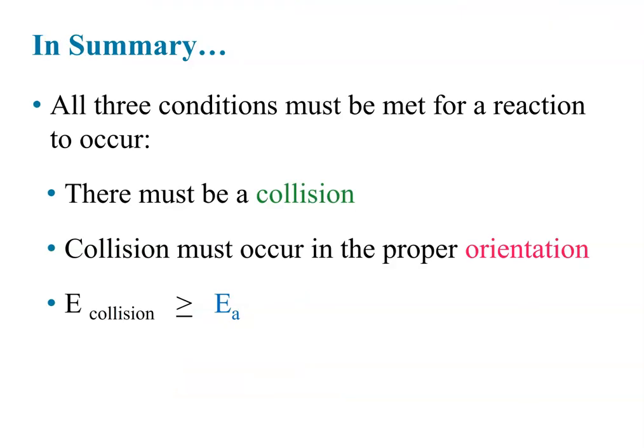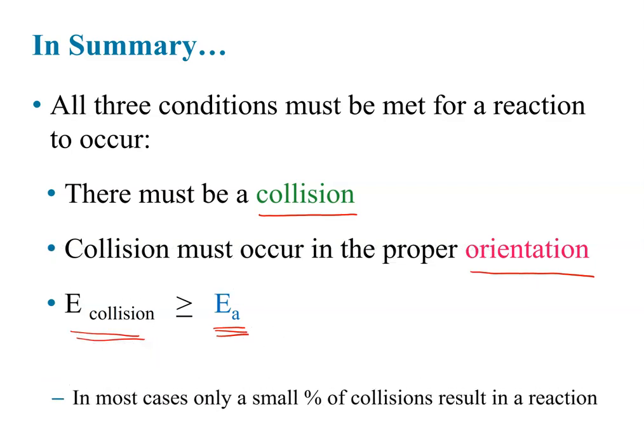So to summarize what we talked about on these three slides, first of all, for a reaction to occur, according to collision theory, there must be a collision. The collisions must be in the proper orientation. And the energy of those collisions must be greater than the minimum energy required for the reaction to happen, this activation energy.